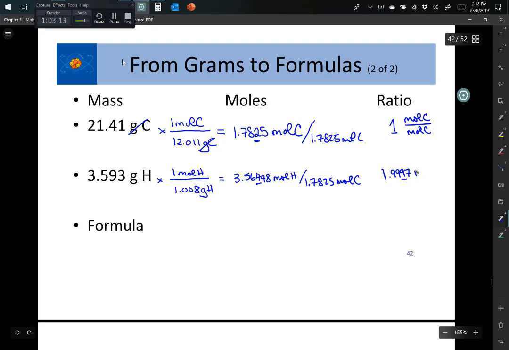And that's moles of hydrogen for every mole of carbon, right? And what that really looks like is what? 2 to 1. I mean, you kind of see it in the data when you do the calculation, but it looks like a 2 to 1. So I know in the formula there's actually 1 carbon and 2 hydrogens. That's what that ratio tells me.